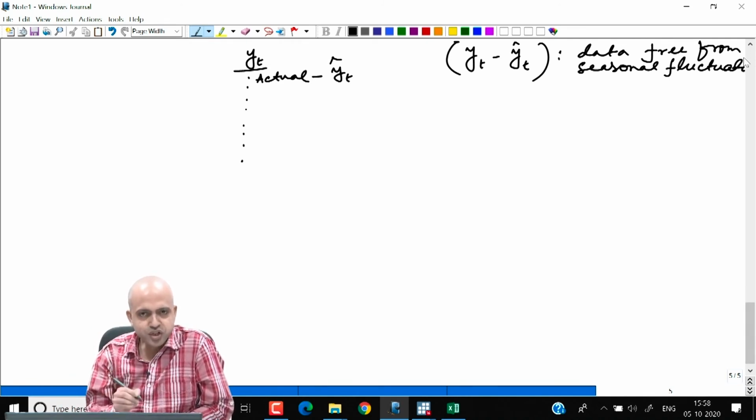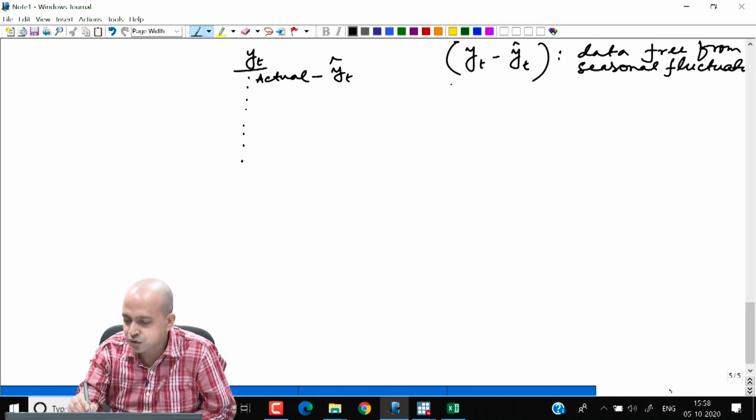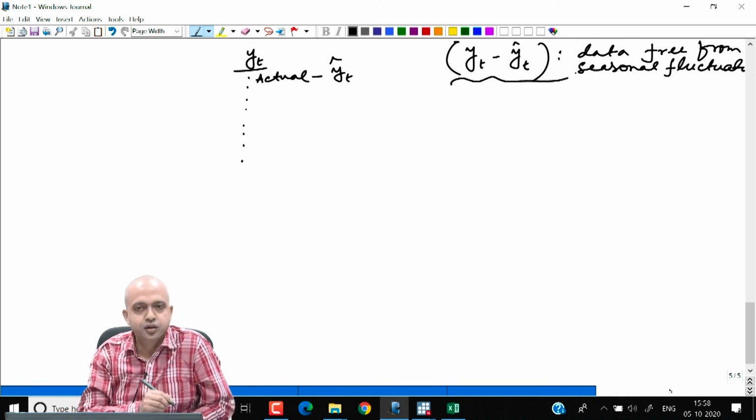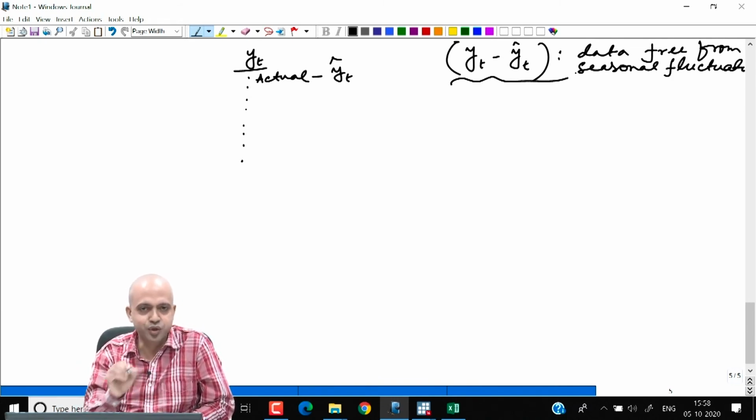Okay, and in the process your Xt is also eliminated. Any sort of seasonal fluctuation is eliminated from Xt as well. That is the beauty of this procedure. Okay, that is the beauty of this procedure.